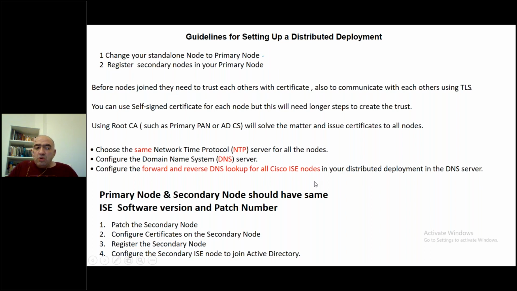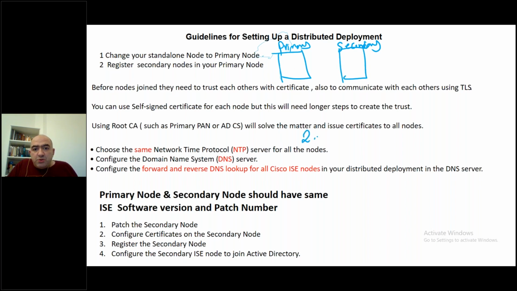So when I have my ISE node here, and I told him you are my primary, so now I make him a primary. Now I have another ISE node I want to add as a secondary. The first thing that I need to think about, after checking the NTP, DNS and my network infrastructure, is checking what version my primary is using.